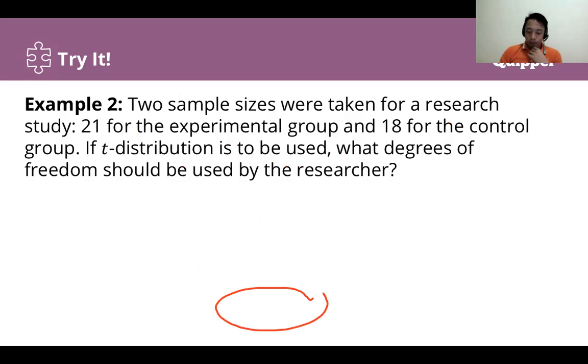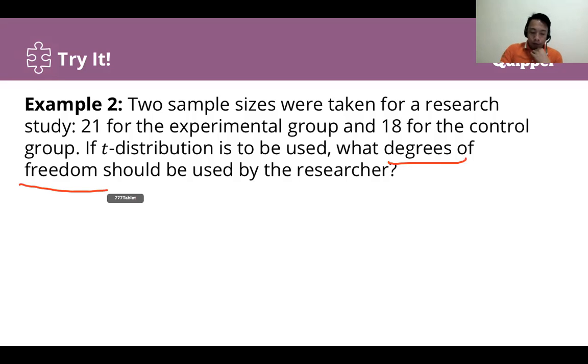Number two, two sample sizes were taken for a research study. 21 for the experimental group and 18 for the control group. Okay? If t distribution is to be used, what degrees of freedom should be used by the researcher? So the question here is, what will be the degrees of freedom?